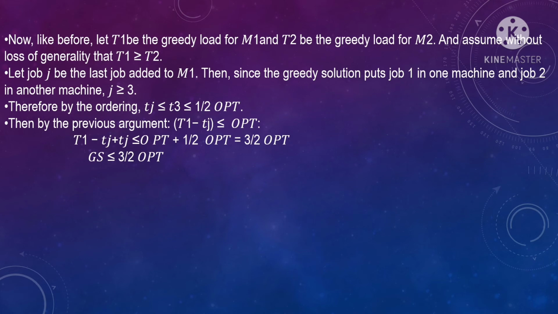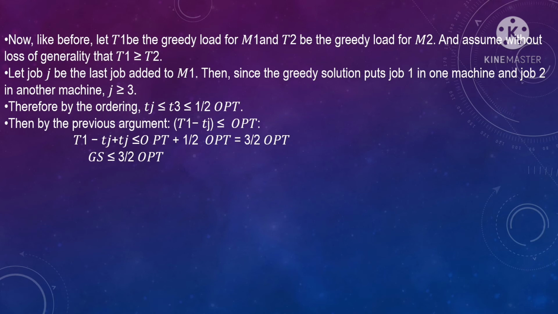Now, like before, let C1 be the greedy load for M1 and C2 be the greedy load for M2, and assume without loss of generality that T1 is greater than or equal to T2. Let job j be the last job added to M1. Since the greedy solution puts job 1 in one machine and job 2 in another machine, Tj is less than or equal to T3, which is less than or equal to 1/2 of OPT.